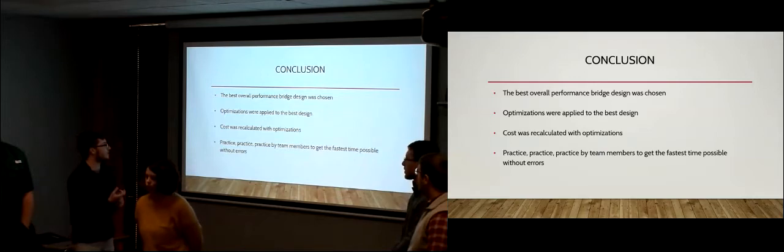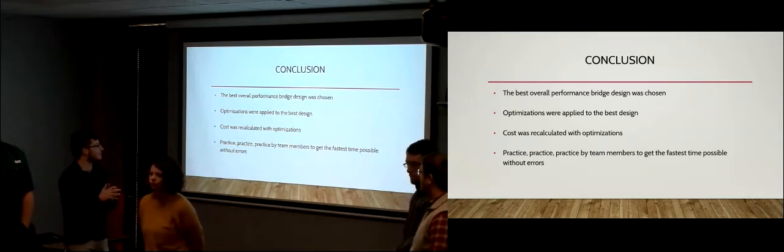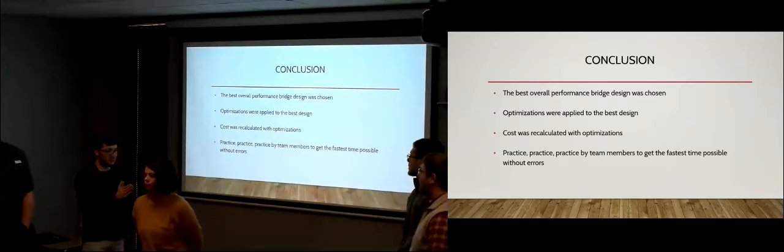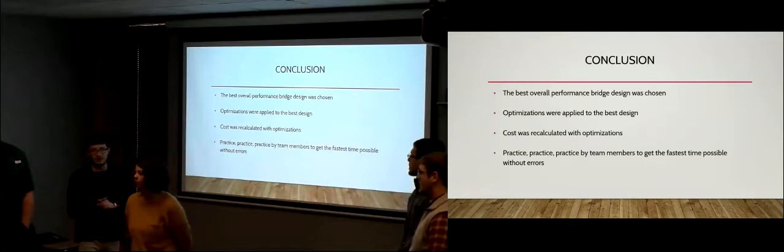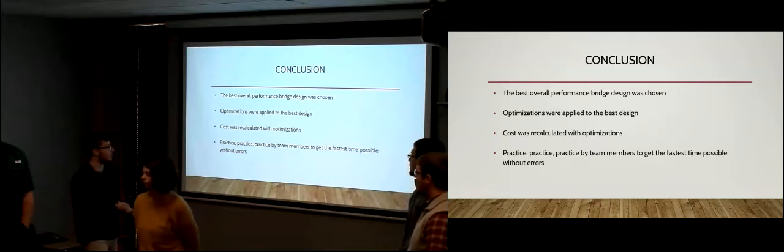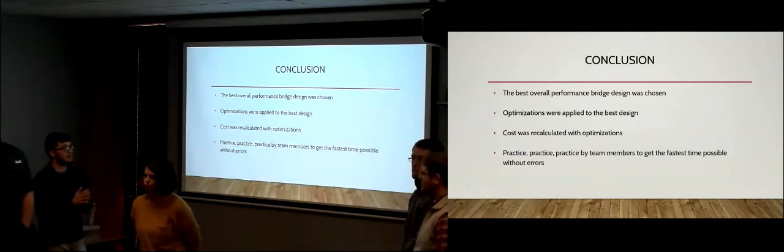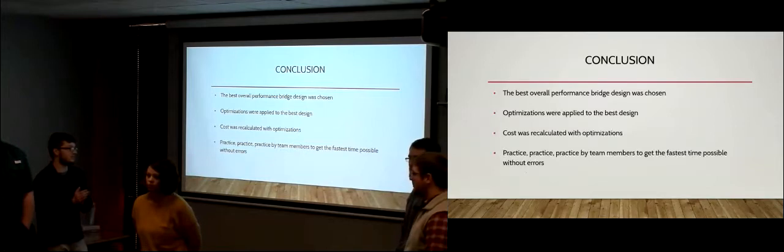We did several optimizations that significantly helped throughout the design process. The costs were recalculated with the optimizations, and as you can see in the previous slides, it drastically changed the beginning costs from whenever I first submitted it to after we changed a lot of things. And then the main thing to get this built fast is just the practice.